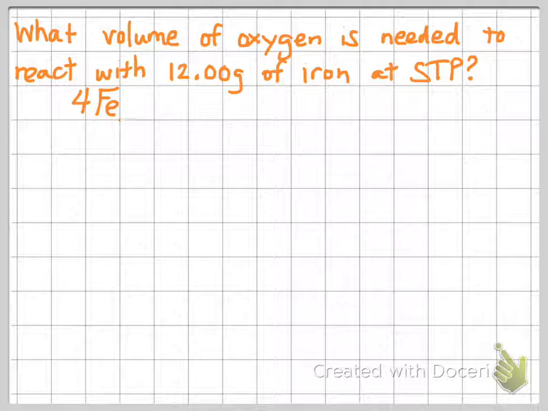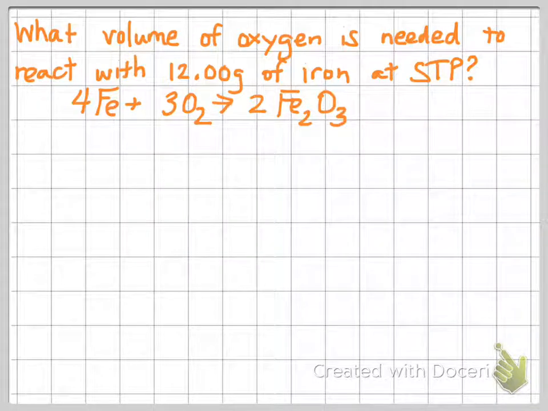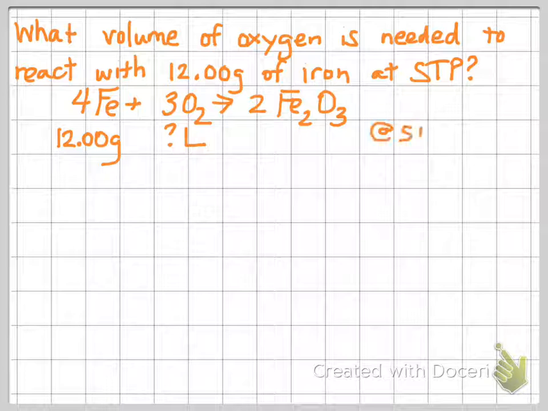Plus, we had 3O2, gave us the 2 iron, 3 oxide. So this one is asking, what volume of oxygen, remember I'm going to measure volume in liters, is needed to react with the 12 grams of iron, and they do tell us it's at STP.